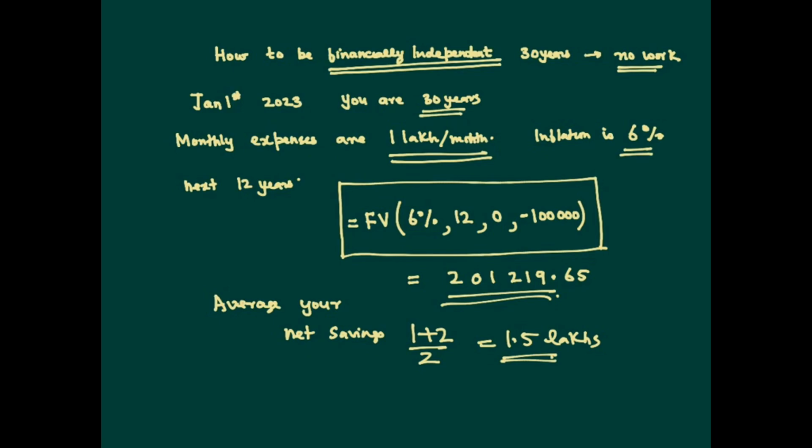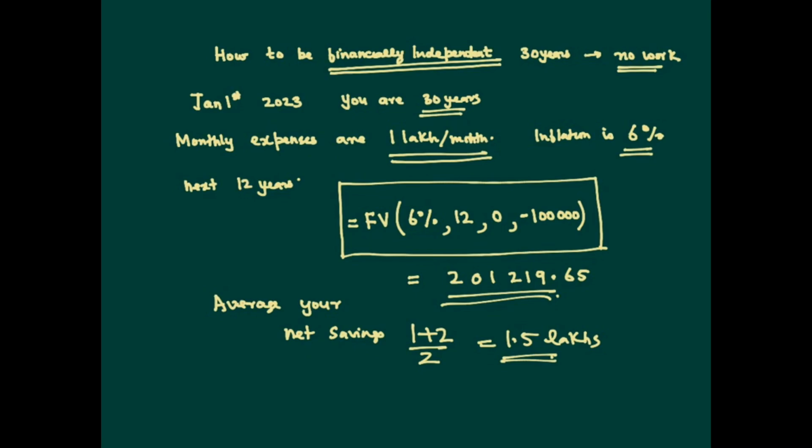So we have to budget for 1.5 lakhs. However, we'll be spending only 1 lakh at first. But later, towards the end, you may be spending more, 1.5 lakhs or 1.7 lakhs. So on an average, I'm taking it as 1.5 lakhs. Let's agree that we need 1.5 lakhs now.